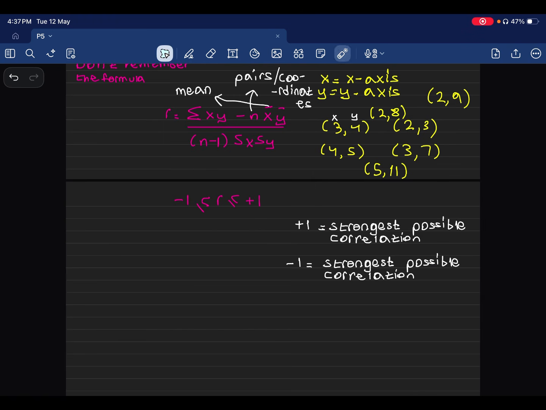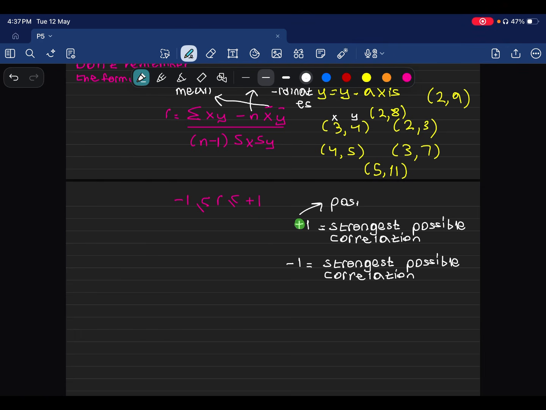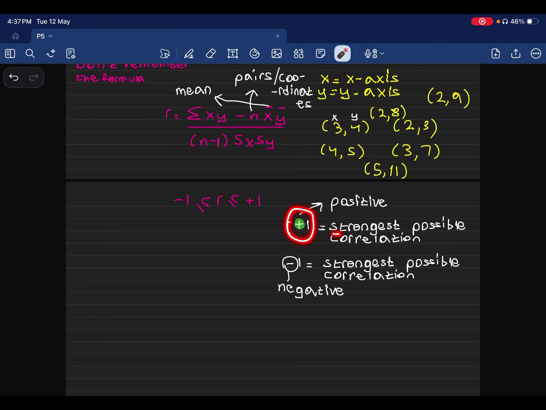But then what's the difference? The difference is in the sign. Plus means this is positive or negative. Positive linear correlation. Minus means that this is negative linear correlation. So now read the two things together. Plus 1 is the strongest positive linear correlation. Minus 1 is the strongest negative linear correlation. Let's say your value is 0.897.